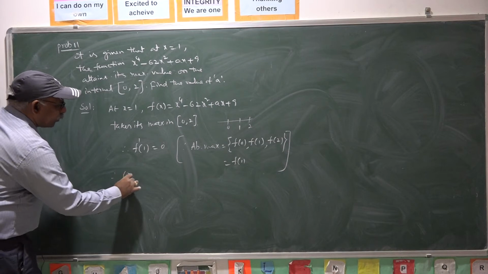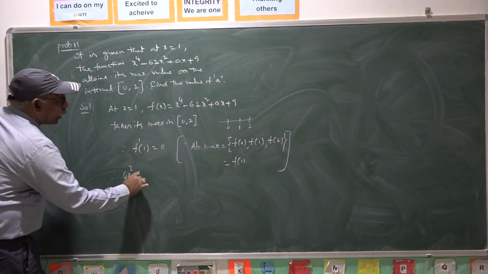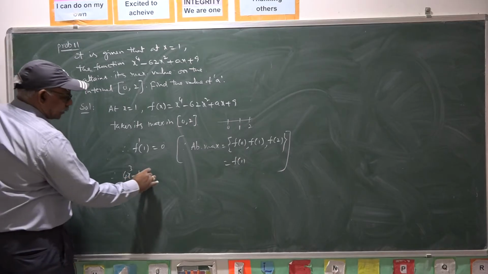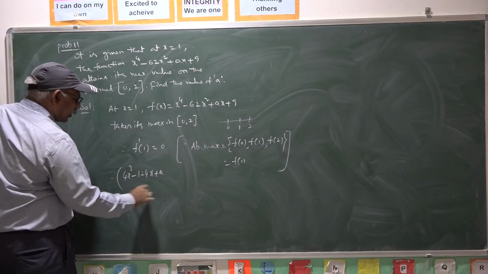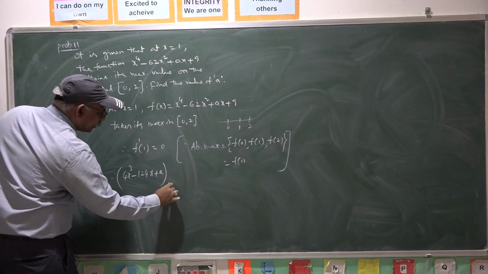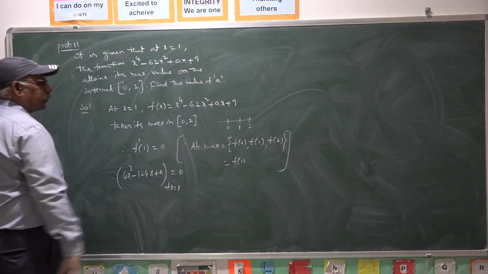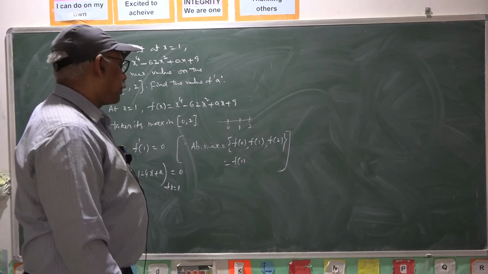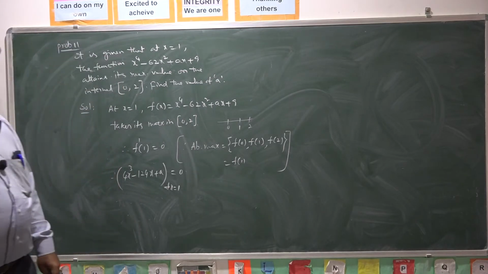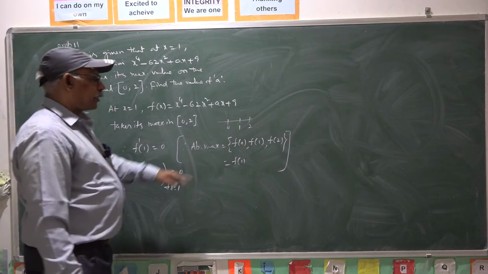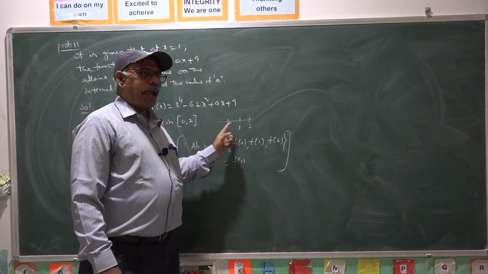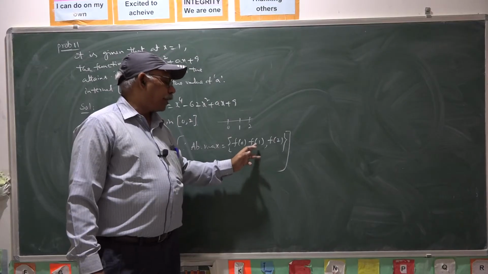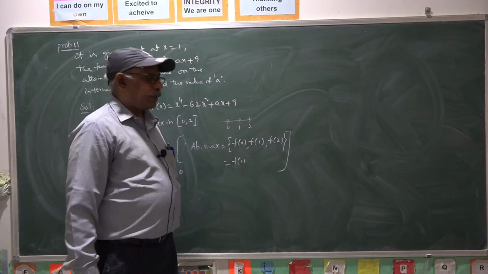So therefore, 4x cube minus 124x plus a at x equal to 1 must be 0. Either absolute maximum or absolute minimum: to get absolute maximum or absolute minimum, we have to find the functional values at the ends of the interval as well as where the first derivative is 0.